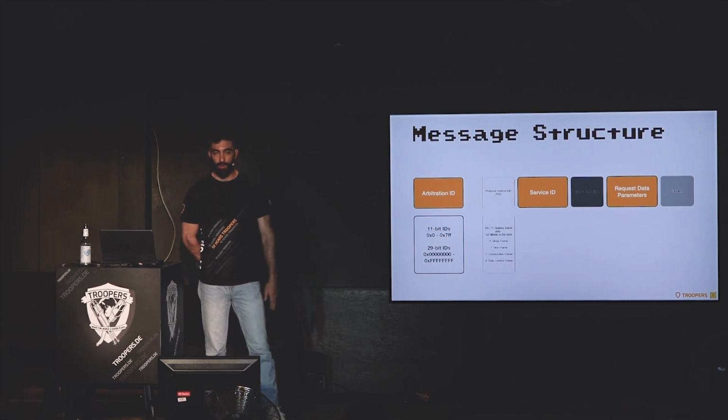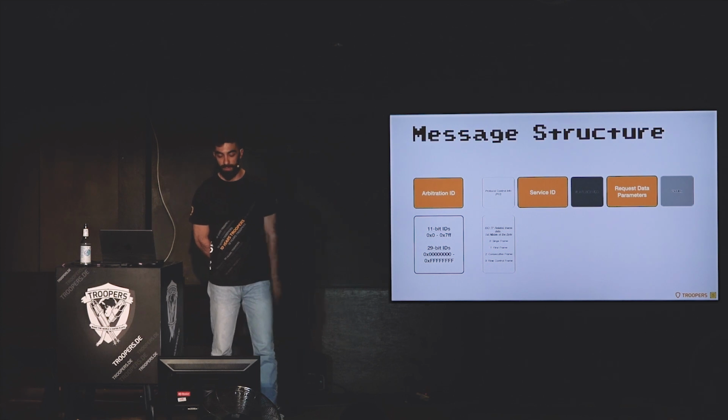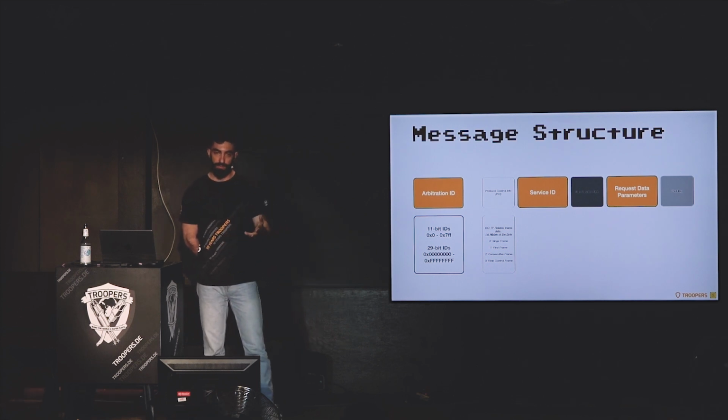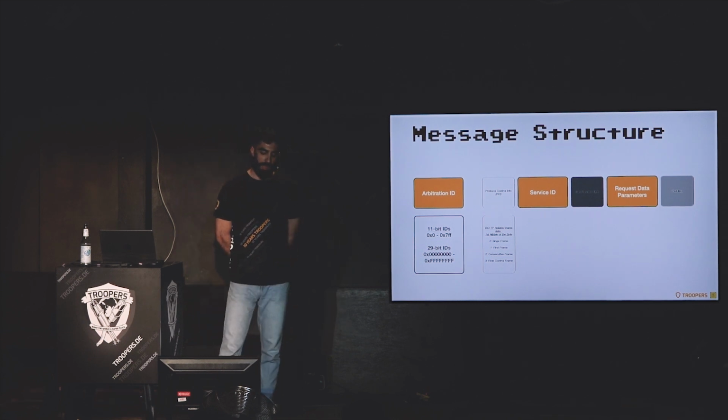Then we have the protocol control info, which states if the message we're sending is a single frame. If it's more than one frame, we state if it's a first frame or a consecutive frame, and we also state the flow control frame when we need to receive more than one message. But this is more about the ISO-TP protocol, and we don't need to spend a lot of time on it.